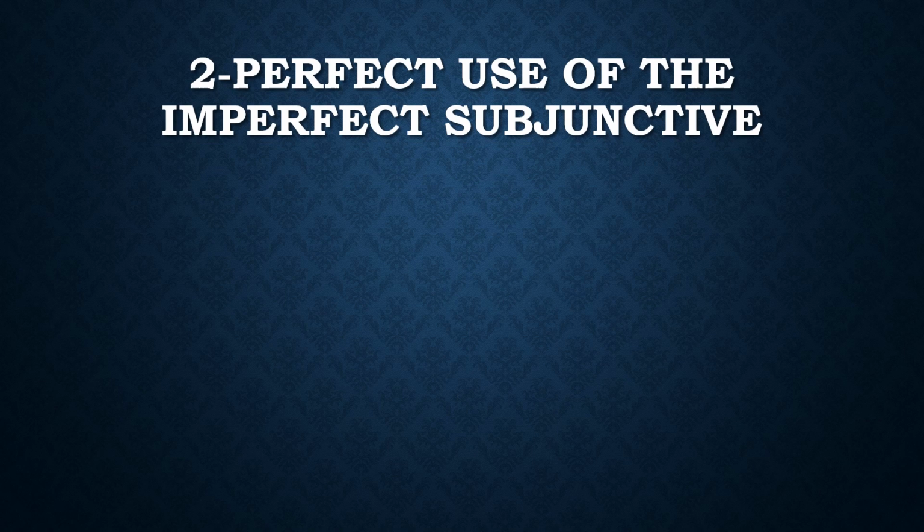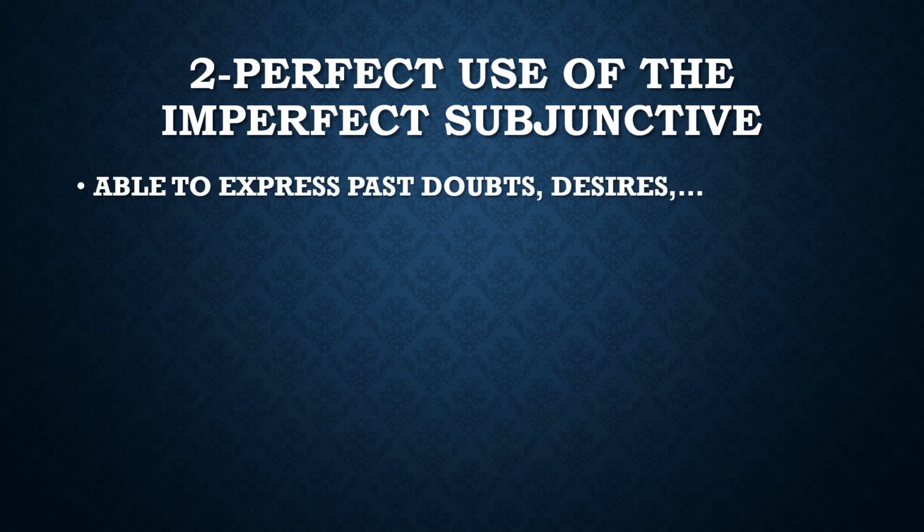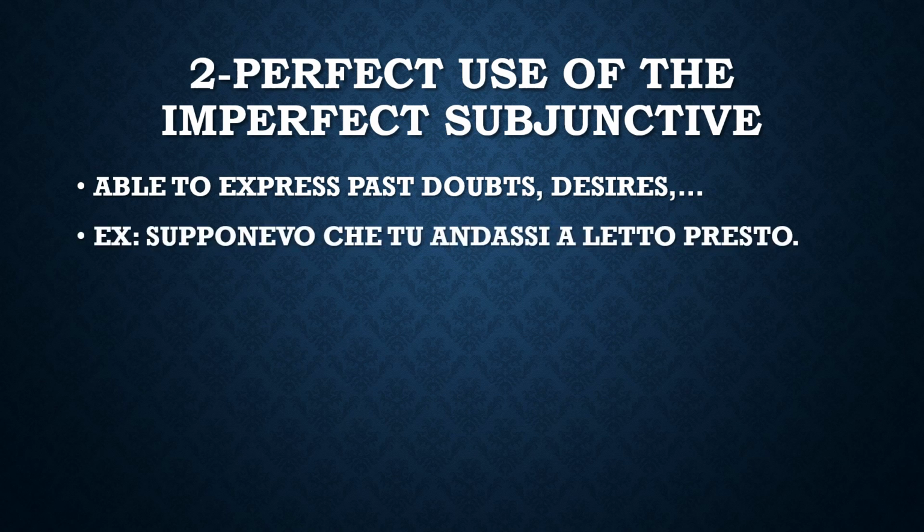Alright, so while we're on the subject of the subjunctive, you also need to know how to use the imperfect subjunctive perfectly. You're able to express your past desires and doubts without struggling. So here's an example of past subjunctive in Italian. Supponevo che tu andassi a letto presto.